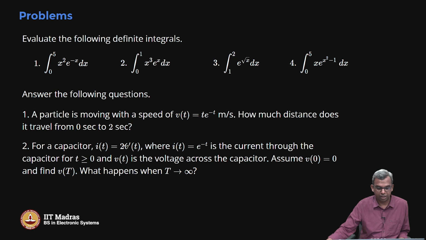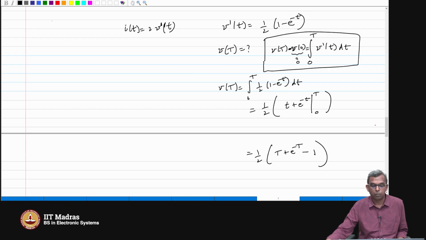For a capacitor, I(t) is given as 2v'(t), and I(t) itself is going to be e^(-t), it is decaying as e^(-t), and v(t) is the voltage across the capacitor. You are assuming v(0) is 0 and you have to find v(t), okay.